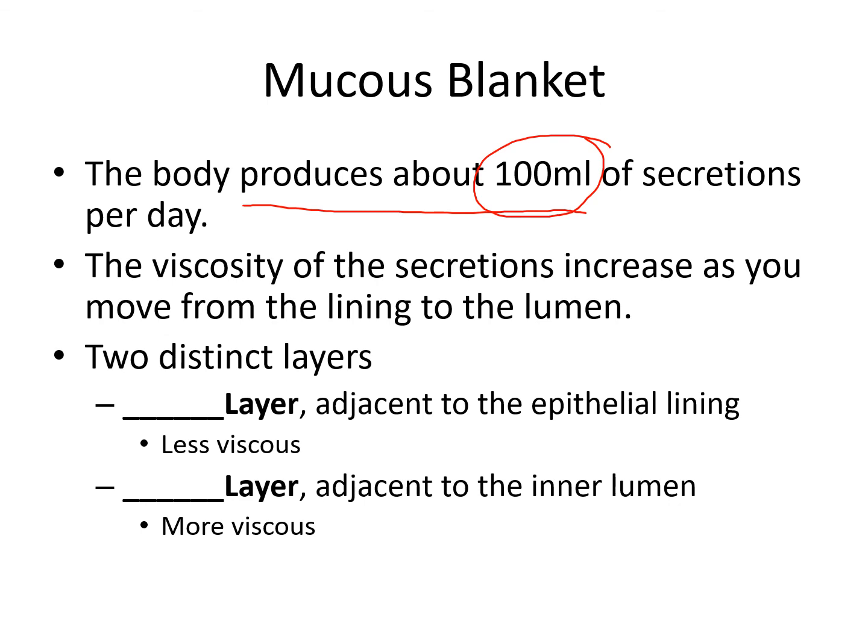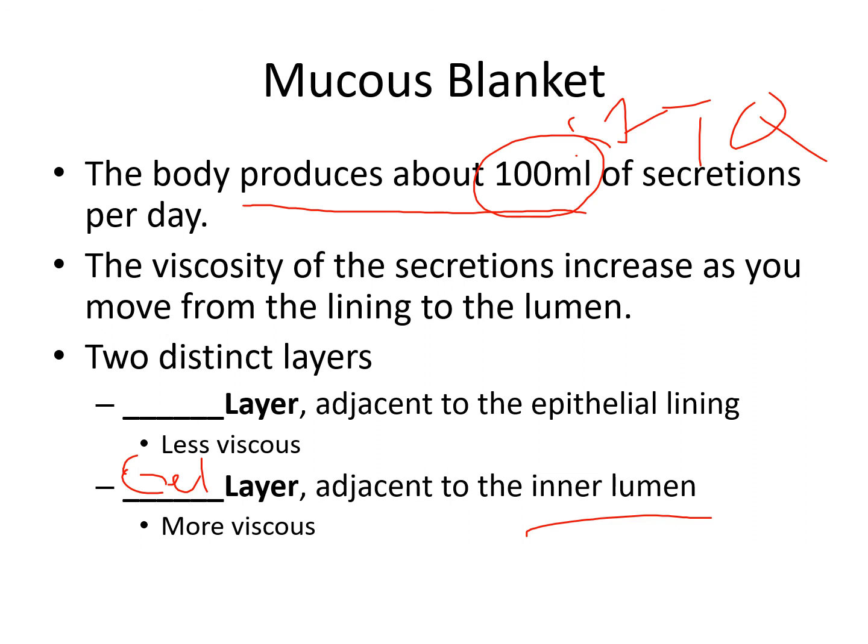This is a number you should remember. The viscosity of the secretions increases as you move from the lining to the lumen. That means that gel layer is going to be very thick. It's the innermost lumen. It's going to be very viscous, and that is your gel layer.